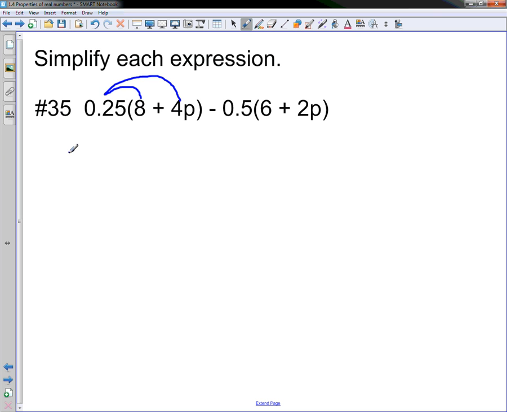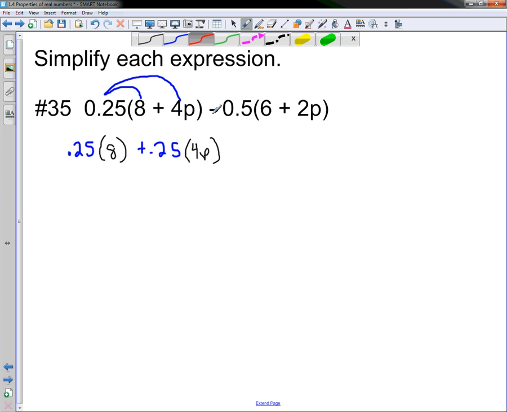So I have 0.25 times 8 and plus 0.25 times 4p, that's p.